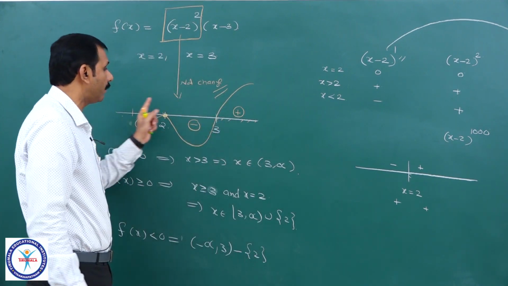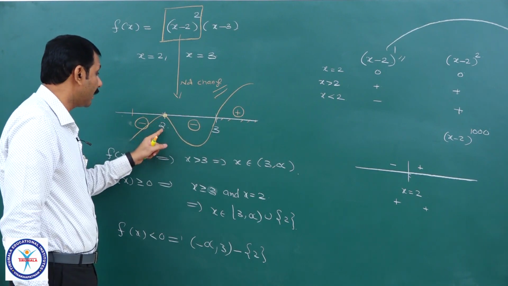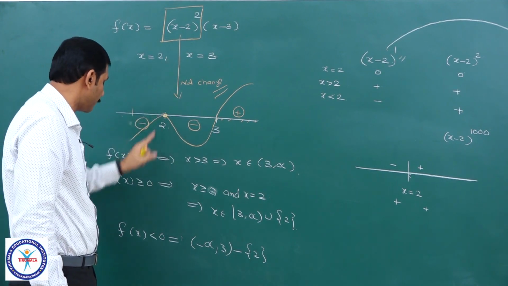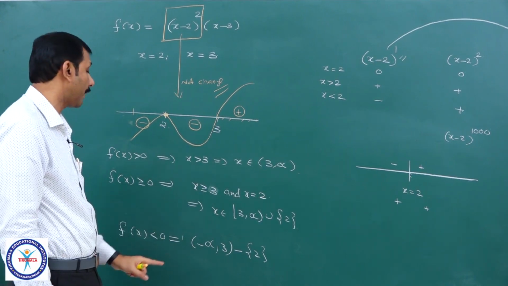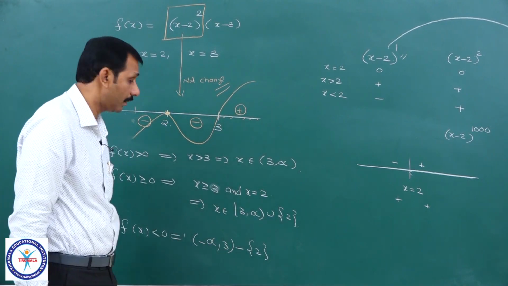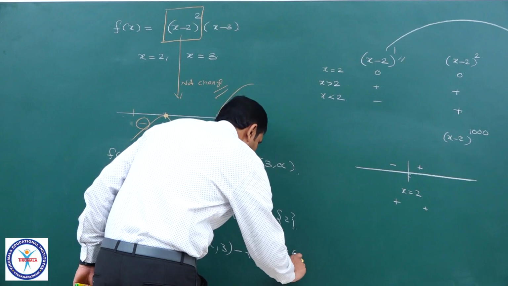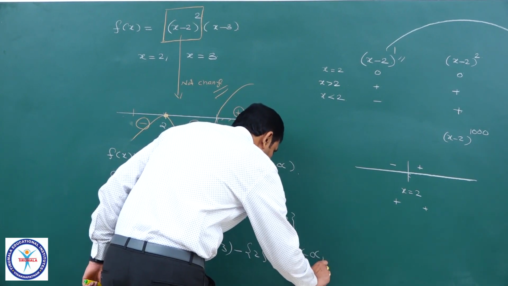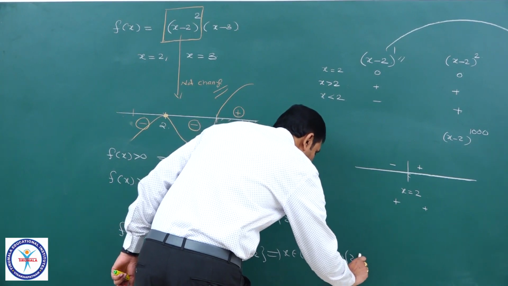From these values minus infinity to 3, at x equal to 2 it is becoming 0, and I am writing values where it is less than 0, so you need to subtract this 2 from this interval, or this can be written as x belongs to minus infinity comma open 2 union open 2 to 3.